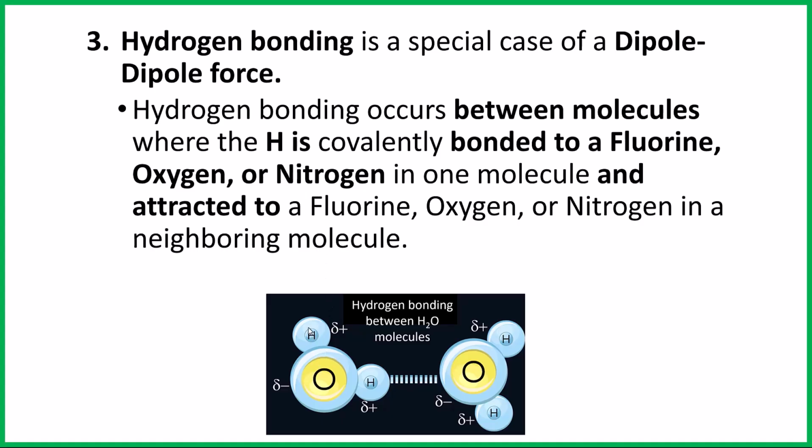This is going to be a very strong polar covalent bond, and that allows the two sides of this molecule to be quite polar. Because of the bent molecular shape, the two sides of this molecule are quite polarized, and there can be an attraction from the slightly positive side of one of these molecules to the slightly negative side of another molecule.